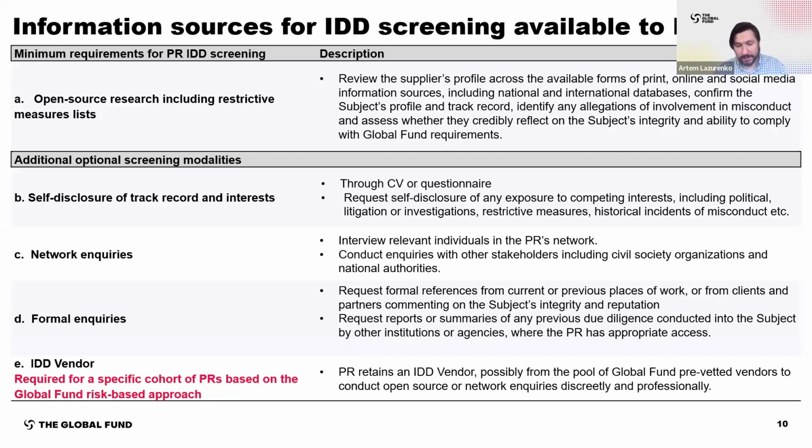It could be that a particular SR has had problems in dealing with vulnerable populations, and there might have been instances of misconduct when the SR has operated in a particular area.